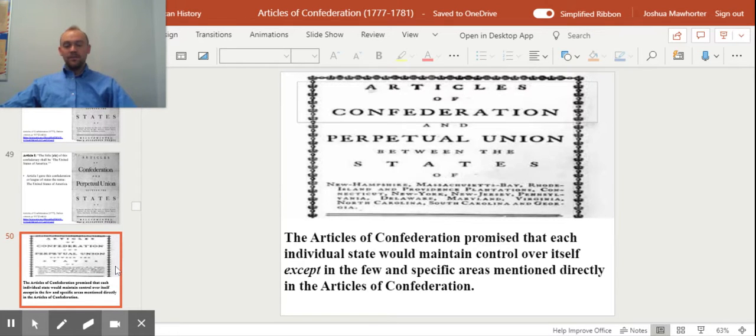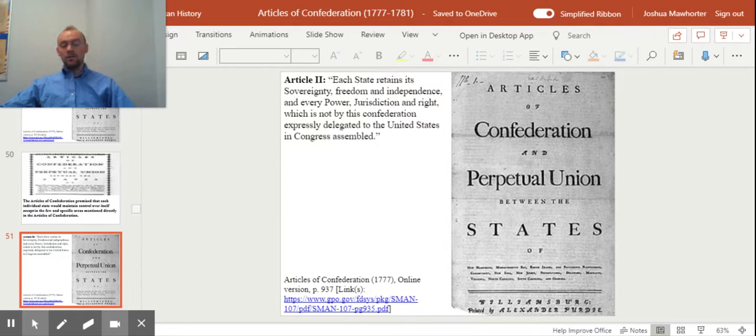And this is spelled out even more clearly in Article 2. You can probably see, if you know the Bill of Rights, the influence that this had on the later Constitution and Bill of Rights.